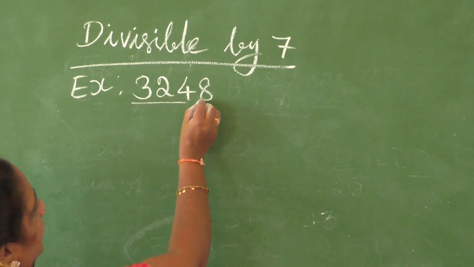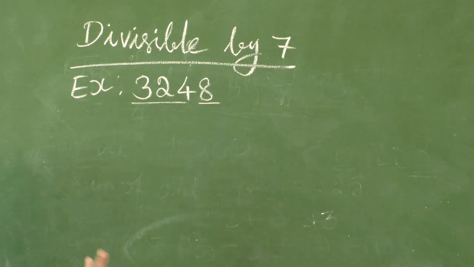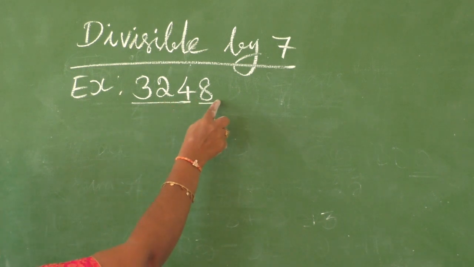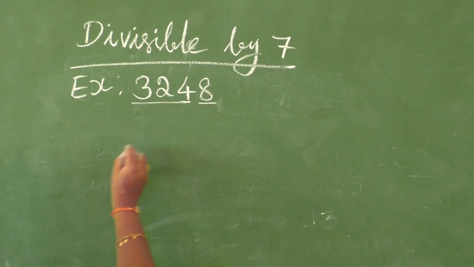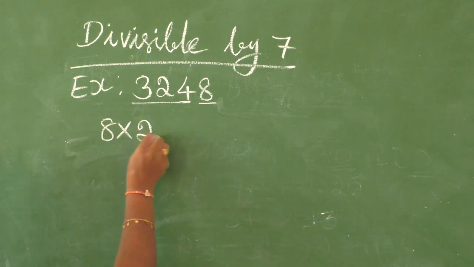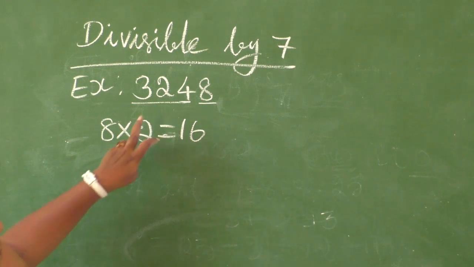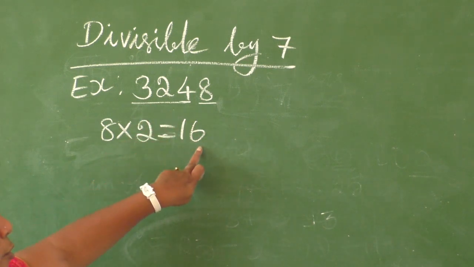This is one part, this is the other part. I am taking the ones place number only. Twice the ones place number, first I am going to find. So what number is in the ones place? 8. So twice the number means 8 2s are 16. So we find twice the number in the ones place.